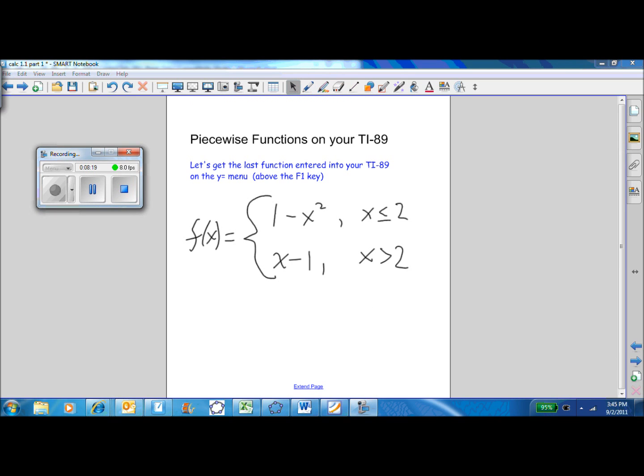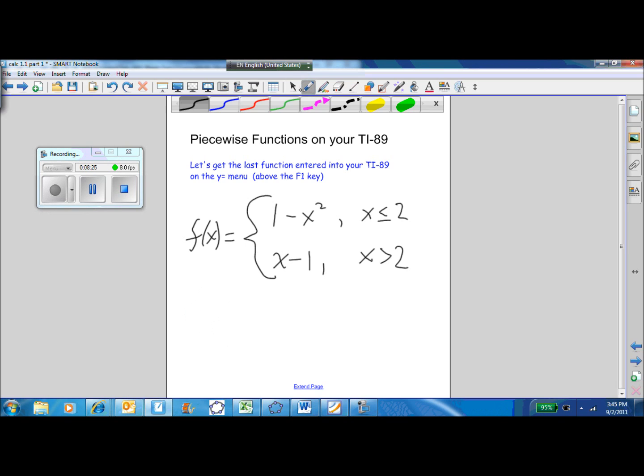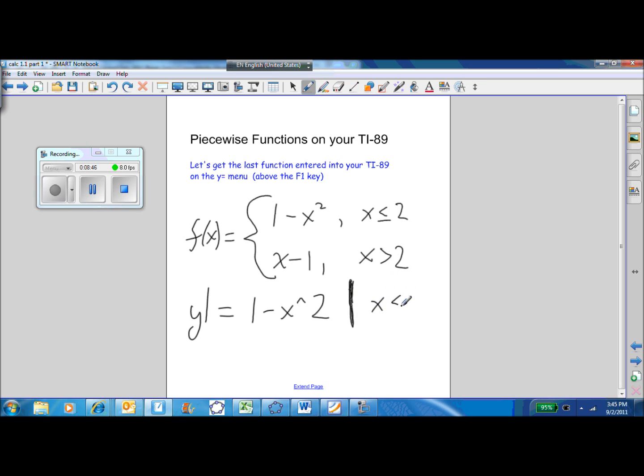Now, to try this on your TI-89, you go to your y equals menu, and under y1, go 1 minus x raised to the 2, and then put the big with symbol down. This is this big, tall vertical bar you see to the left of the 7. This is the conditional bar. That stands for with. And here's the condition, x less than or equal to 2. Type it in there like that.